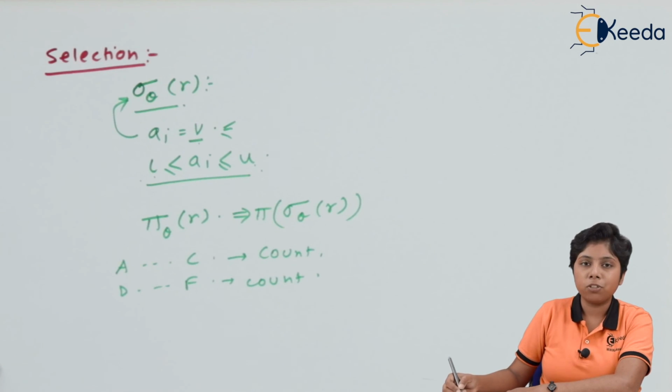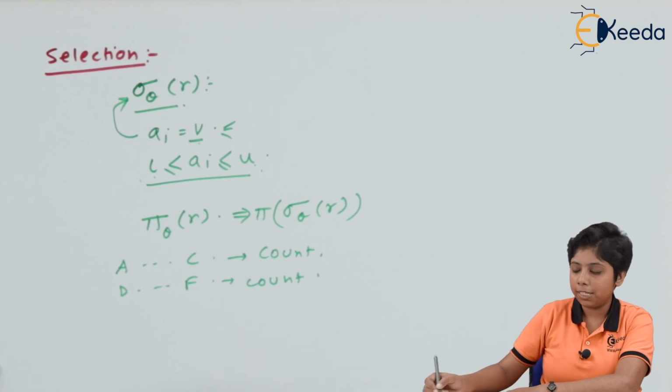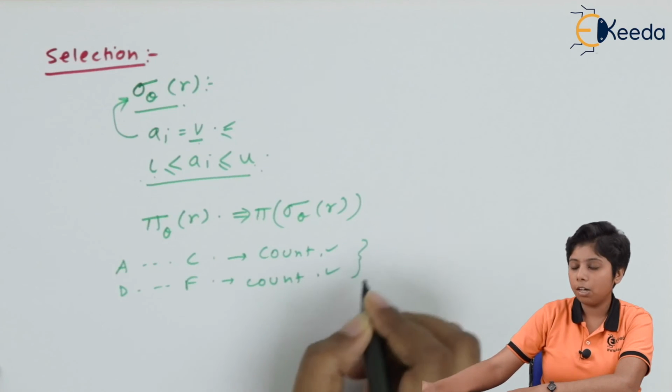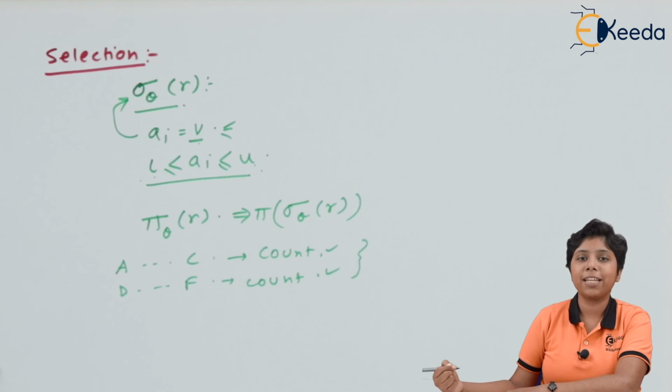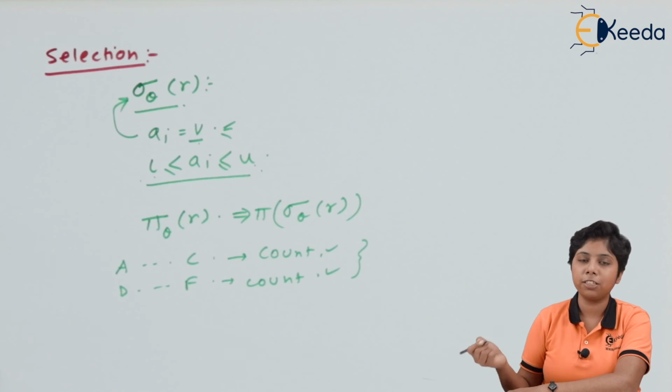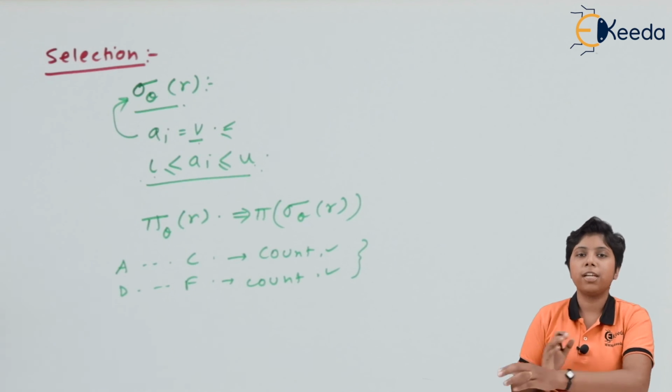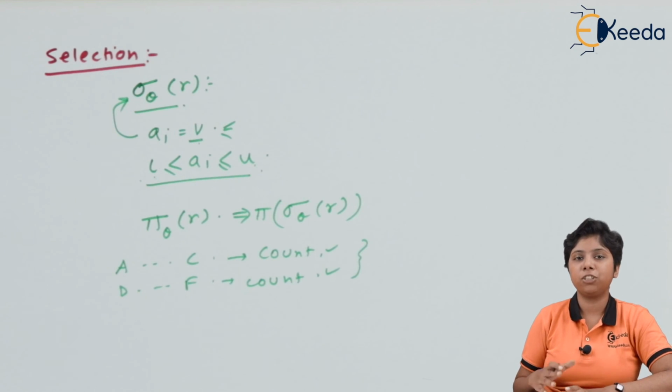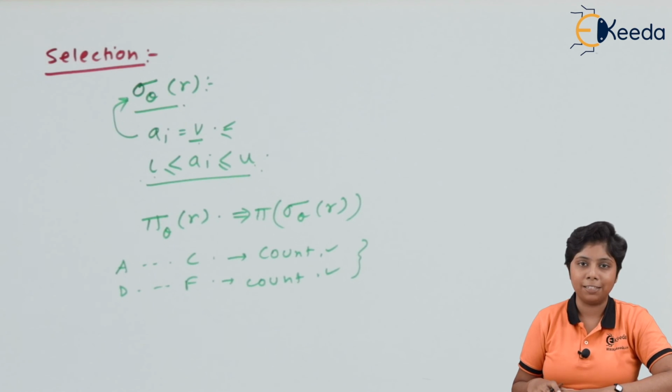So if it is based on a range, then it is extremely easy to count the values and then combine the values. But if it is category wise, then final combination becomes impossible inside this intra operation, and we need to again range partition the category wise and then perform the counting. So these are the operations, other than the joining and sorting, that we can perform in an intra operation parallelism.